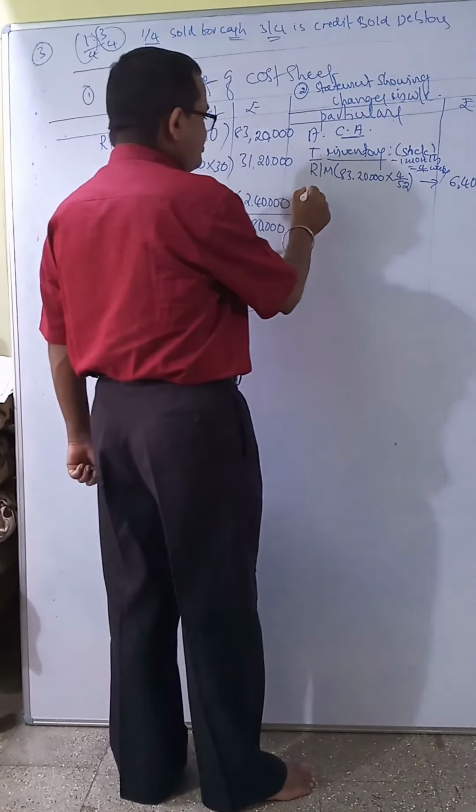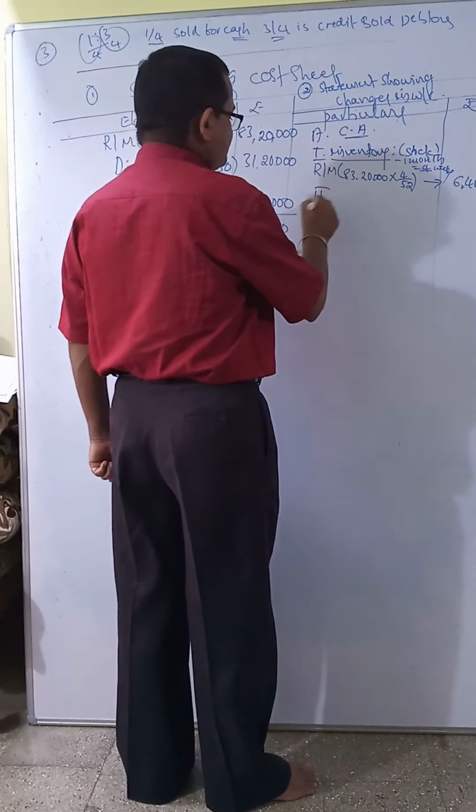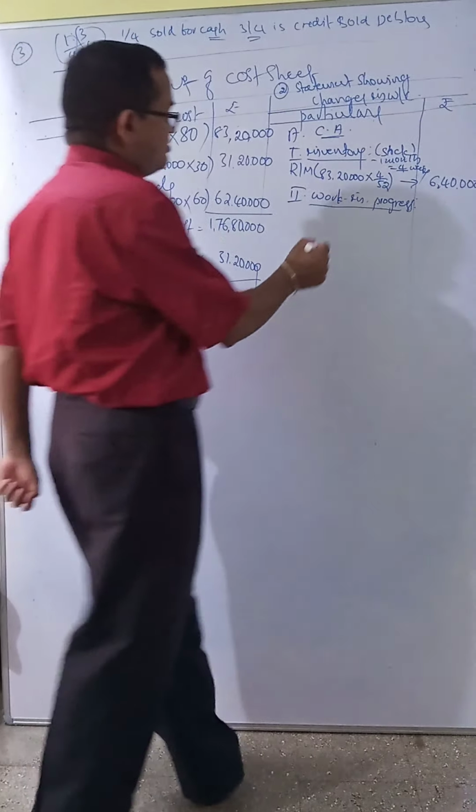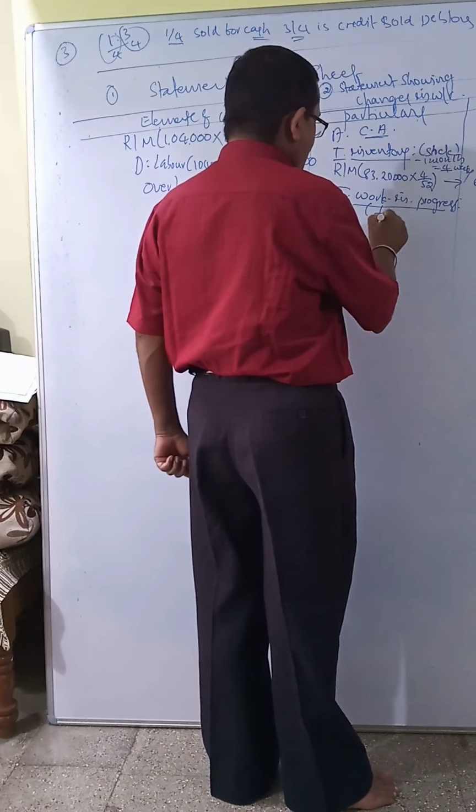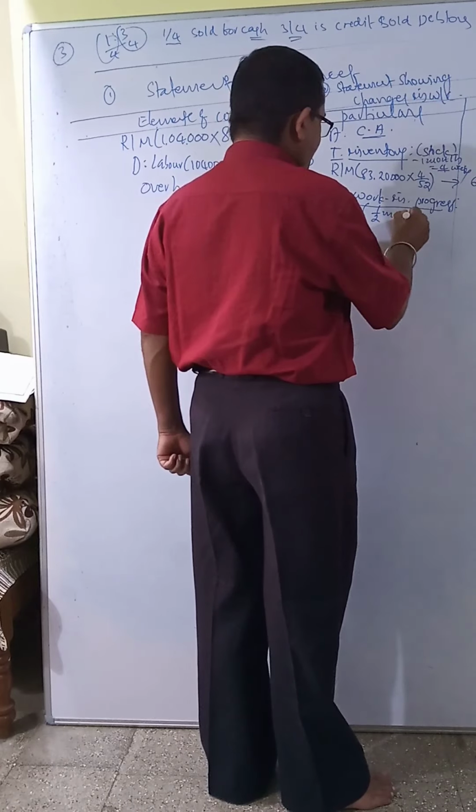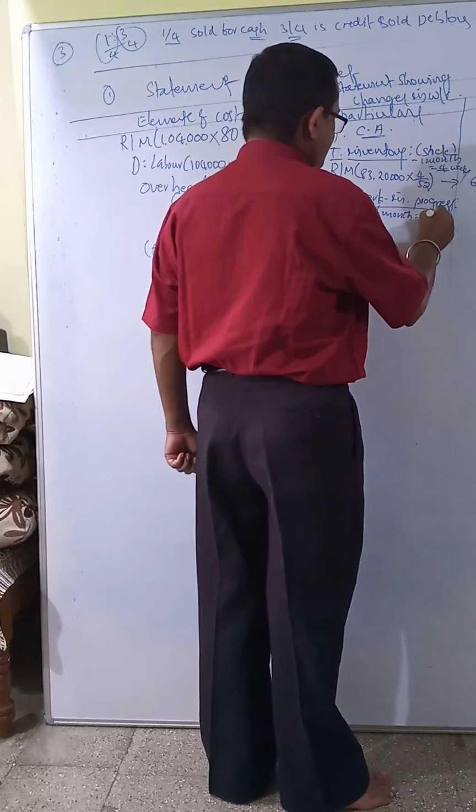Next, the second element is work in progress. Work in progress means issued raw material, the raw material that is going through progress. They given that materials are in work in process on average for half a month. Half month means 2 weeks, since 1 month is 4 weeks.